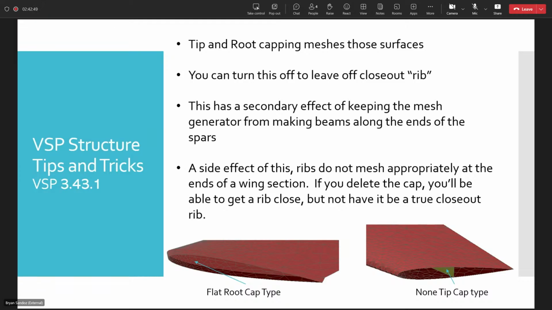You can turn this off and it will not create a rib, but the default is on, so it's something to keep in mind. Also, it doesn't show up as a rib in VSP structures. It shows up as part of the skin. So you hide the skin, the rib goes away, and you can't tell that there's a rib there. Unless you turn that off, you will have a rib there and a closeout rib at the tip.